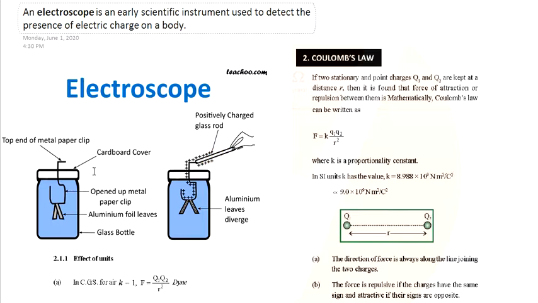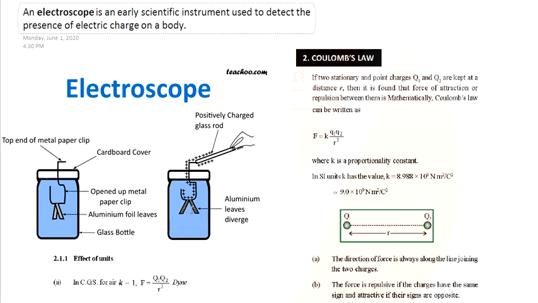When we bring it nearer to this metal clip, the positive charge from the glass rod gets distributed over the metal paper clip, due to which the charges appear on its surface only. So the aluminum leaves also get positively charged.